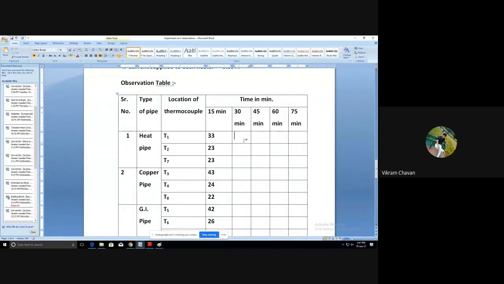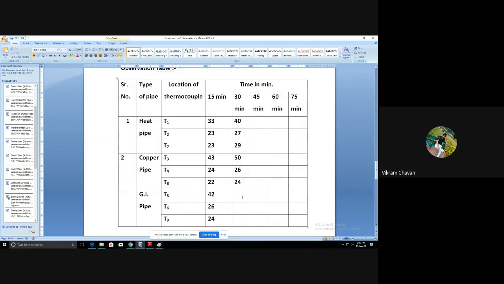Then for 30 minutes we can consider the readings as T1 as 40, T2 as 27, T7 equal to 29, T3 50, T4 26, and T8 24, and for the galvanized pipe T5 53, T6 31, and T9 25.